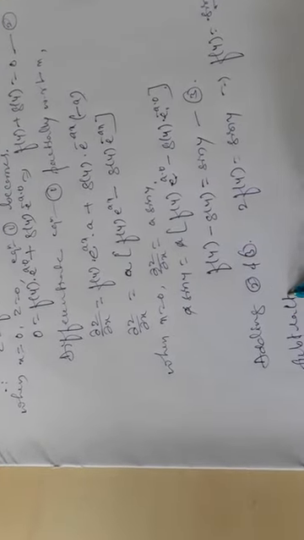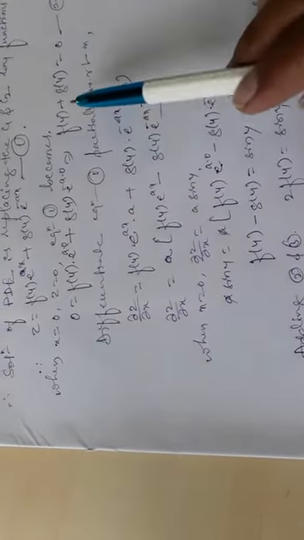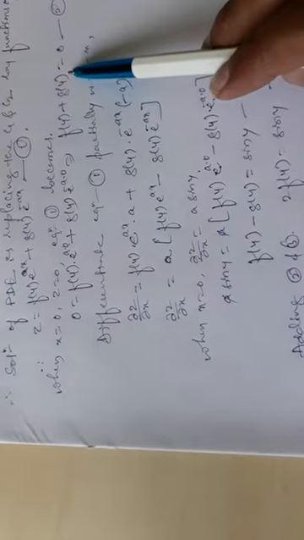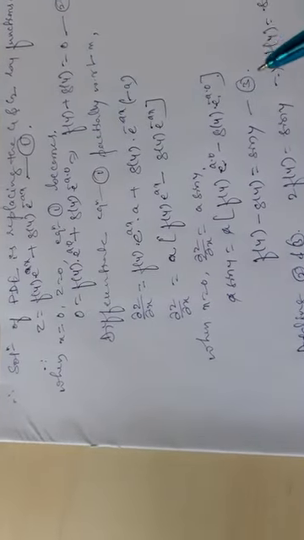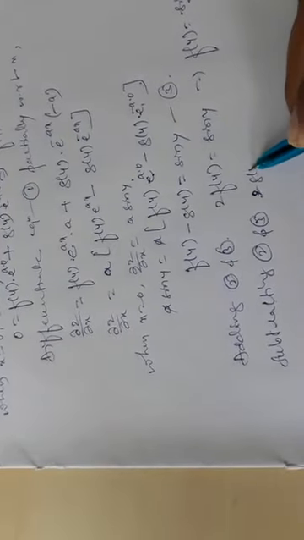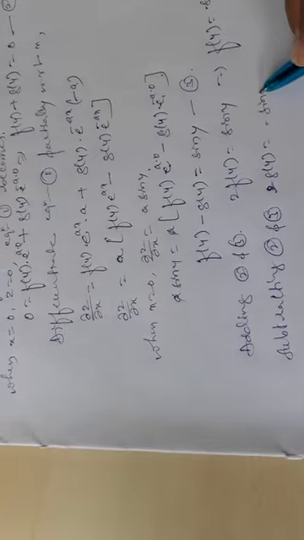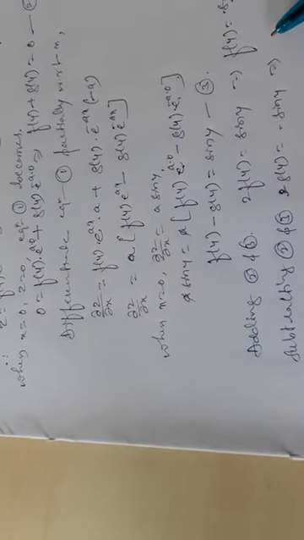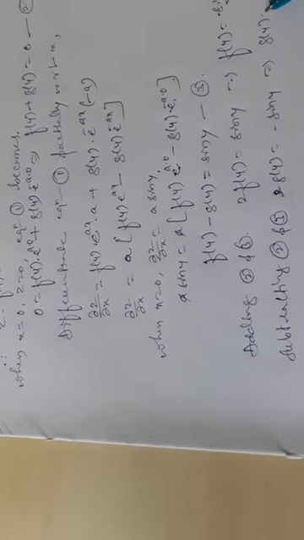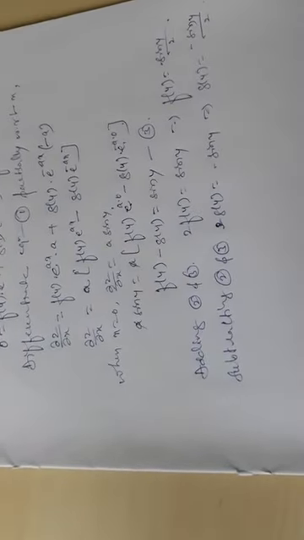Subtracting 2 and 3, f of y gets cancelled, we will get 2 times g of y equal to 0 minus sin y, therefore g of y equal to minus sin y by 2.